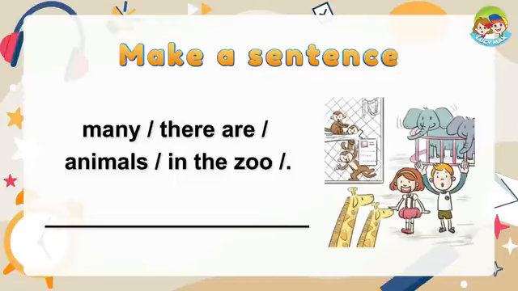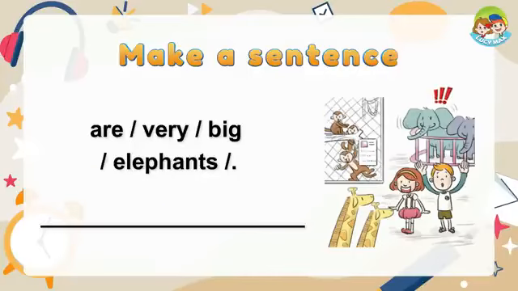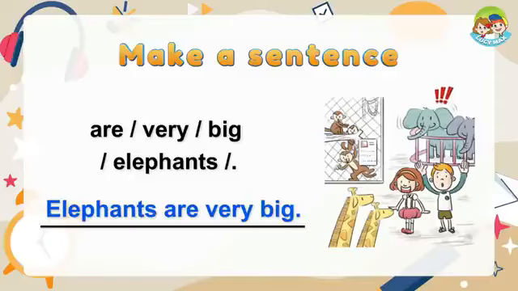The sentence is, there are many animals in the zoo. Are very big elephants. The sentence should be, elephants are very big.